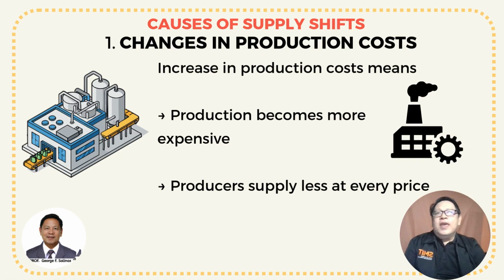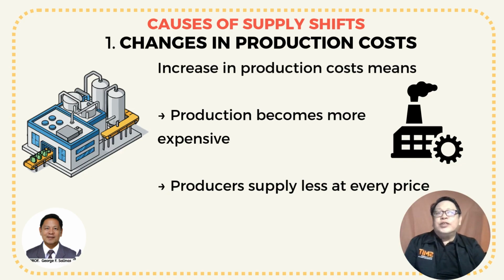Now, if there is an increase in production costs, it means that production becomes more expensive. This is a direct causal relationship. Higher costs for materials, labor, or energy mean that the total expense of producing a good or service rises.